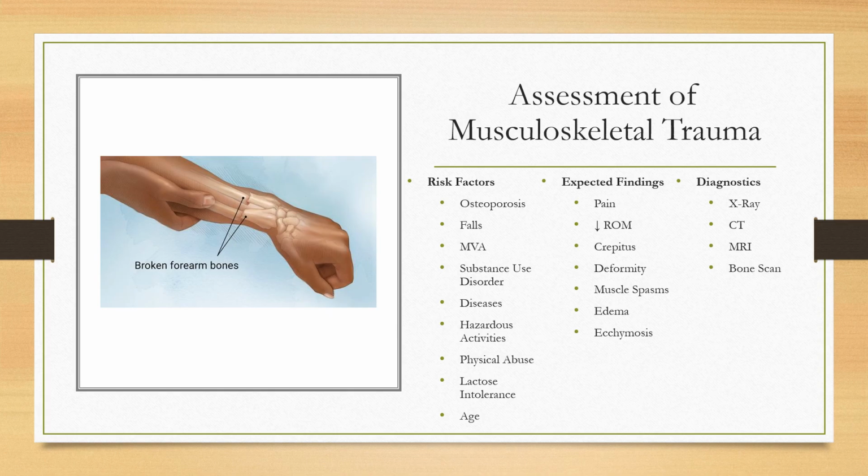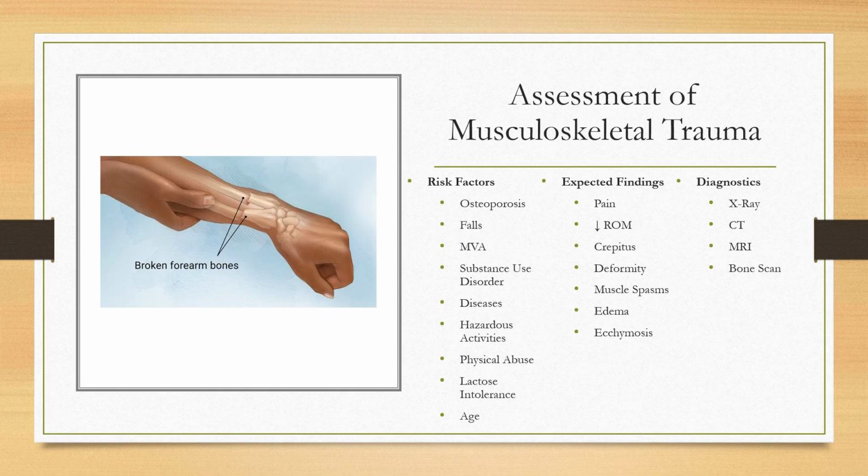Of course, if you're having frequent falls, higher risk of fractures. A motor vehicle accident, substance use puts you at higher risk because you're intoxicated. Bone diseases, whether it's a bone cancer, osteoporosis, Paget's disease of the bone, will make you more prone to fractures, and so on.